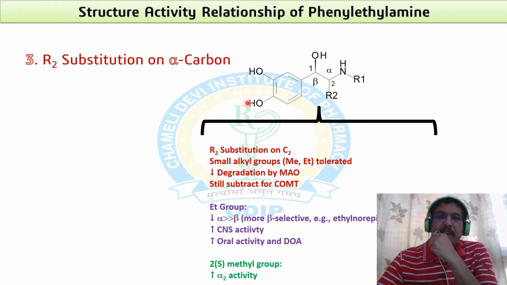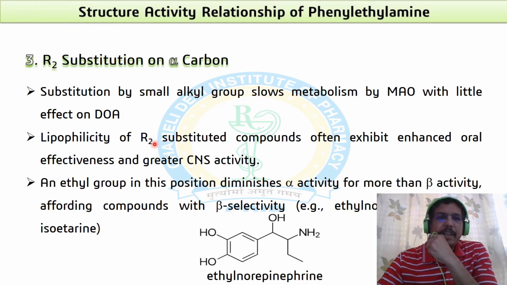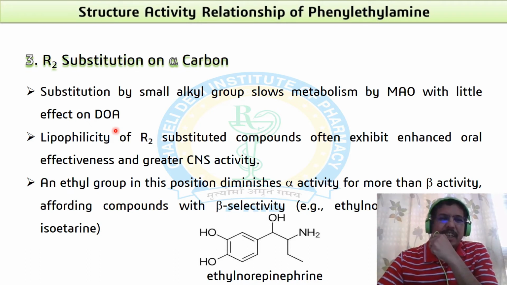But the other way of metabolism, catechol-O-methyltransferase, remains there. Substitution by a small alkyl group slows metabolism by monoamine oxidase with little effect on the duration of action, because the metabolism occurs by two paths, one is MAO and the other is COMT. So MAO is slowed down, but COMT is not much affected, so the duration of action is not affected so much. It may change a little bit.